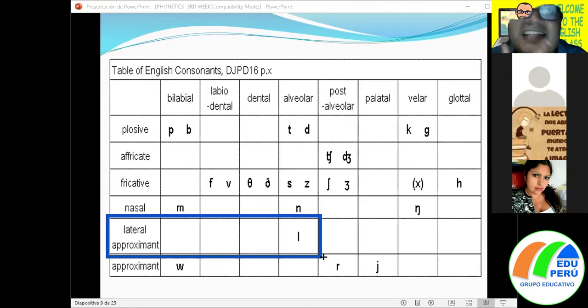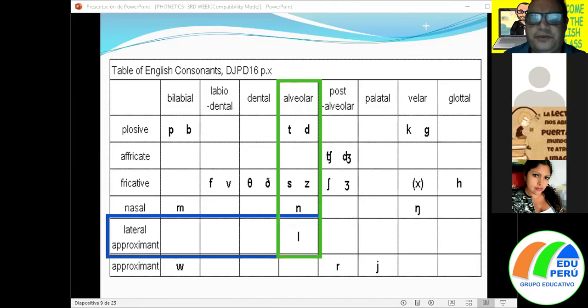Approximant because the space where the air goes out is bigger than in the fricative sound. So this is the alveolar lateral approximant.